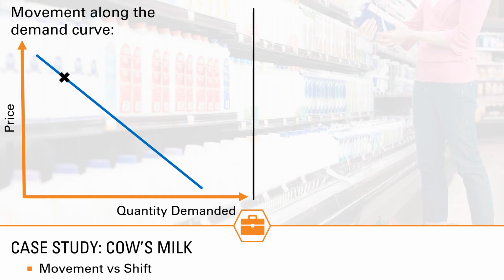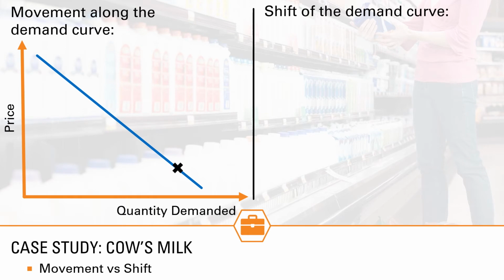So let's say the price increased, and now the quantity demanded increased. So you could see here, from here, we went up here. So you can see it's just a movement along the demand curve. The demand curve itself doesn't change. It's just this point X here going up and down depending on the price of the good. Okay, so that's what we call movement along the demand curve.